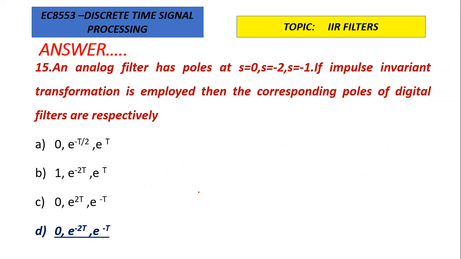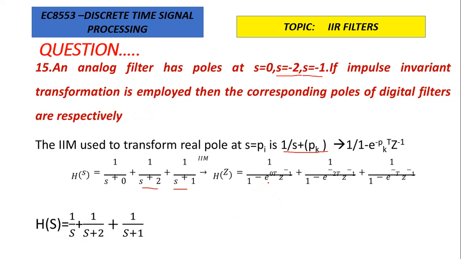When we substitute, it is 1 minus e power 0 t z power minus 1, 1 minus e power minus 2t z power minus 1, 1 minus e power minus t z power minus 1.